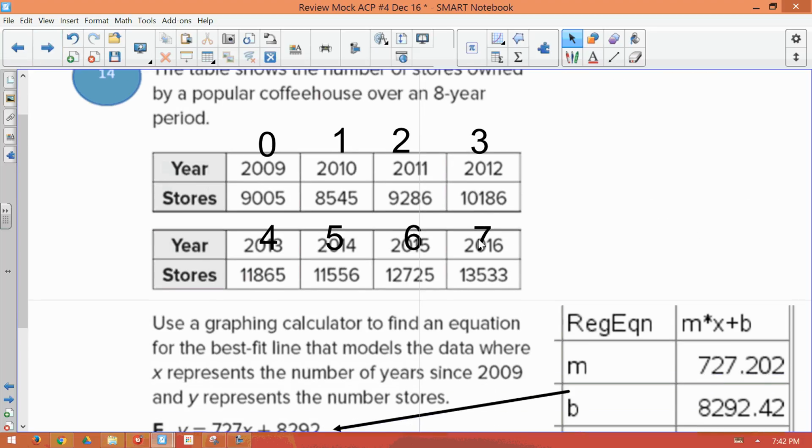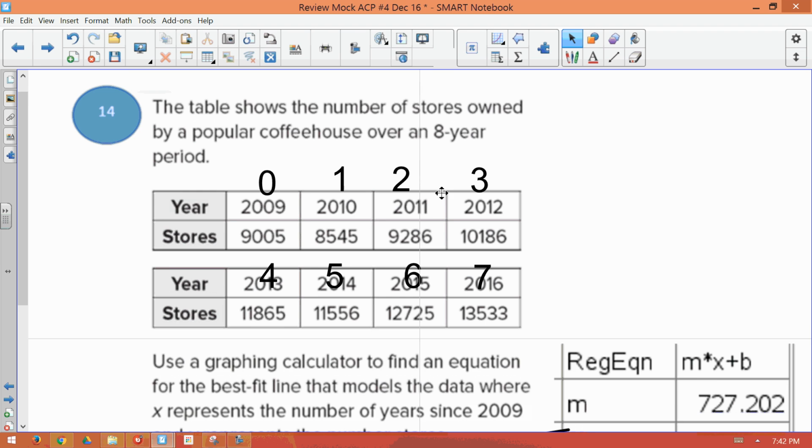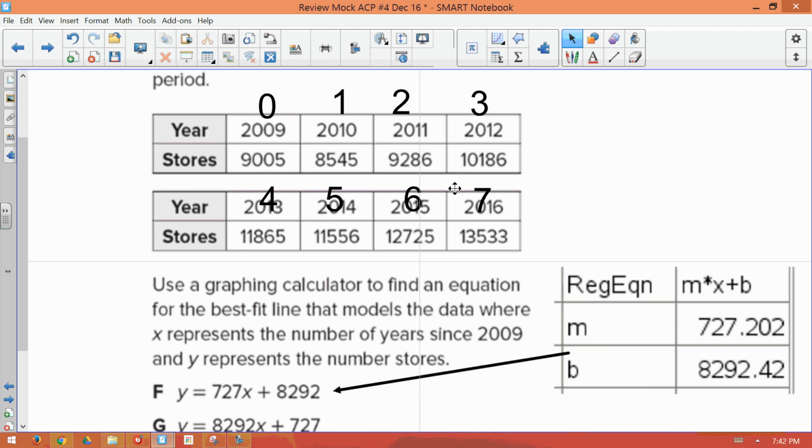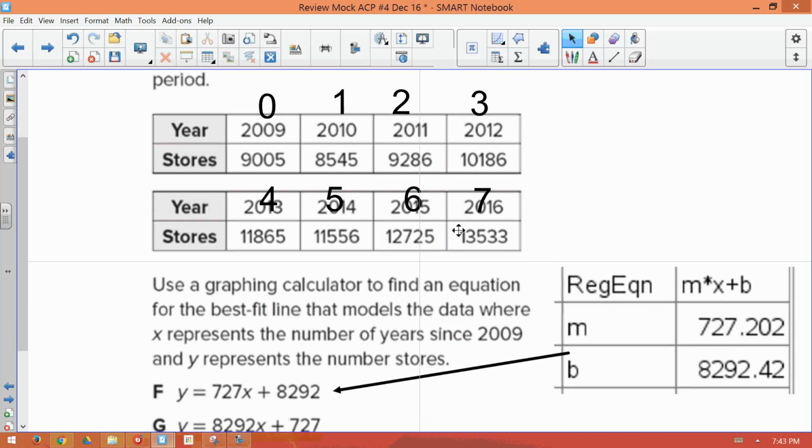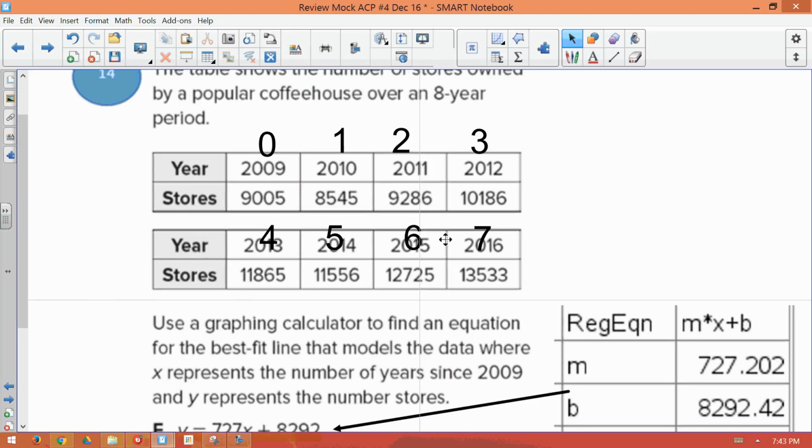There's also a separate video on this problem as well, but here are the high points. Okay. Here I added to the convention of renaming the years 0, 1, 2, 3, 4, 5, 6, 7. Why did I do that? I did that because it makes the numbers a lot smaller, a lot easier, more exact when you make the x values or the independent values simpler numbers, because they're just years.